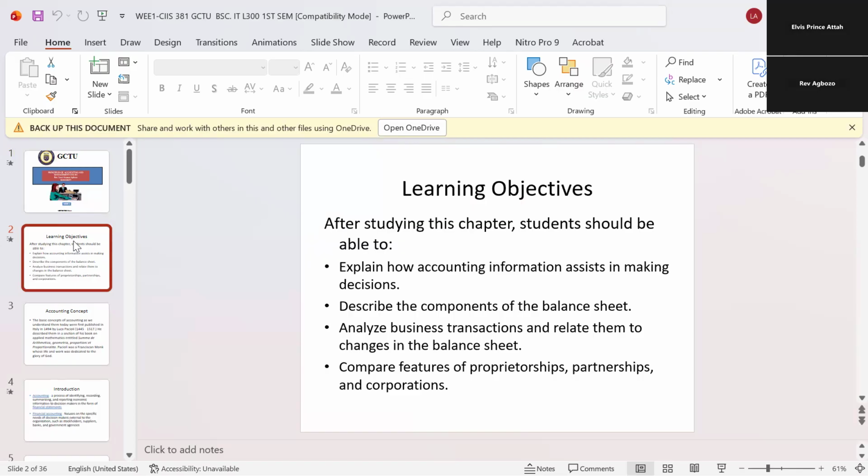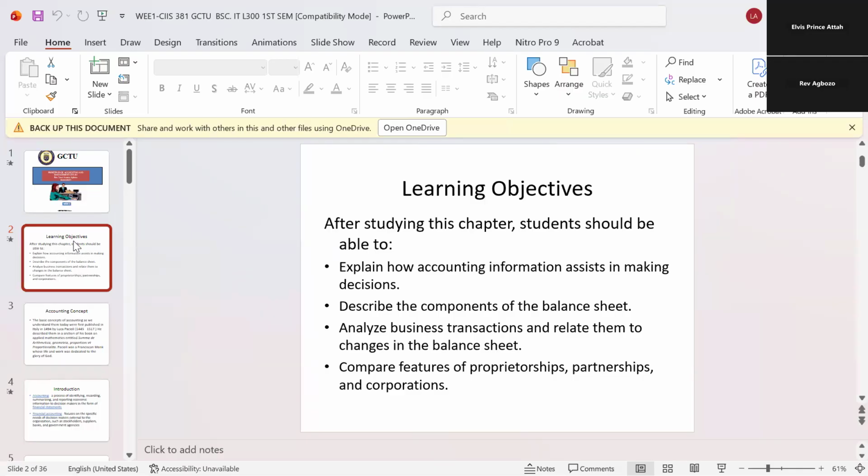If you have money and decide to be an accountant, it will benefit you. So this study is aiming to know how information assists in decision making.